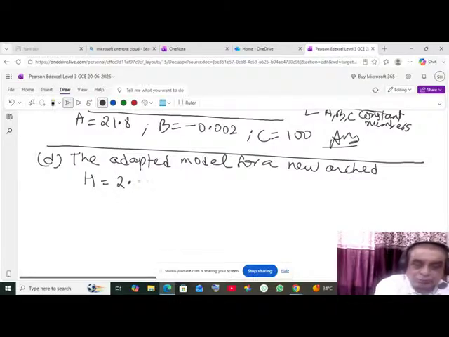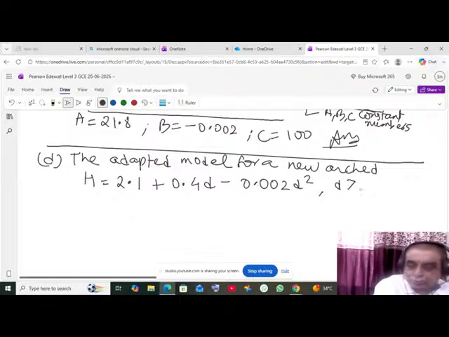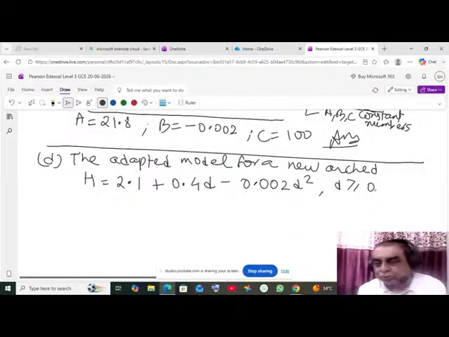Earlier the constant number was 1.8. Here it is 2.1 plus 0.4D minus 0.002D squared, and D is greater than or equal to 0.